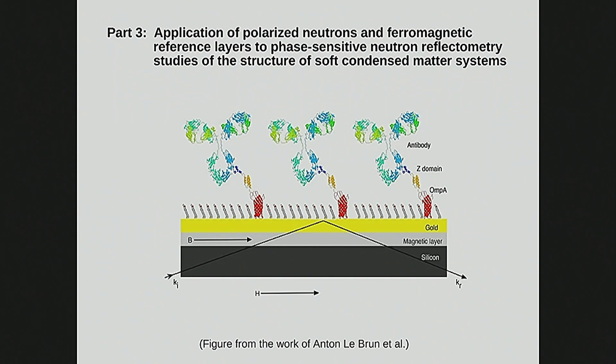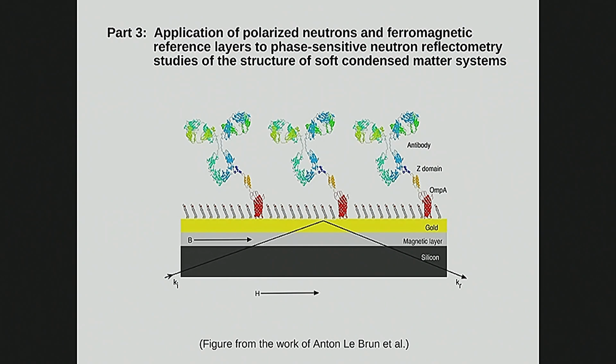But sometimes the water exchanges differently with components of the system, and it causes things to become really complicated and uncertain. But if you want to get phase information out, you can make a reference layer, a magnetic layer, that's buried beneath the gold layer, which chemically isolates the system of interest from this reference.